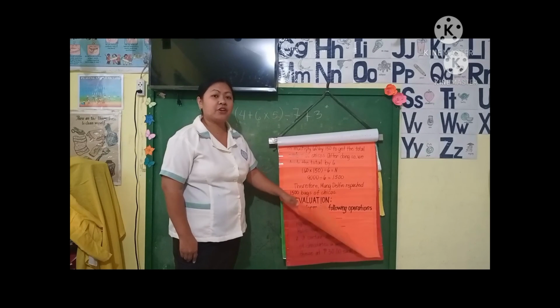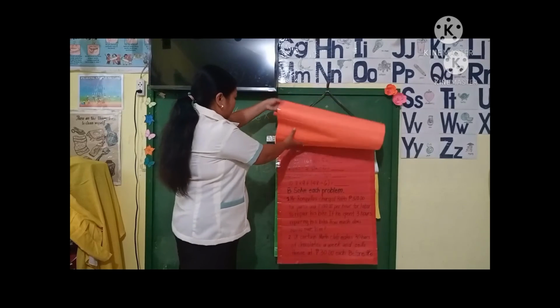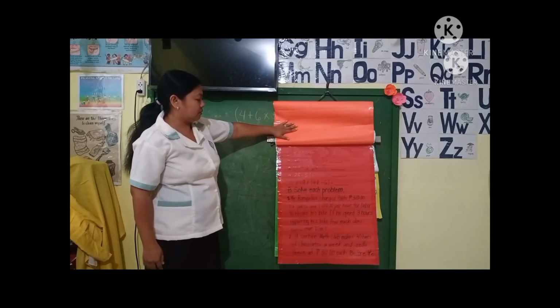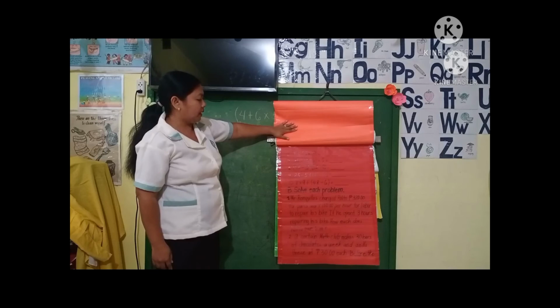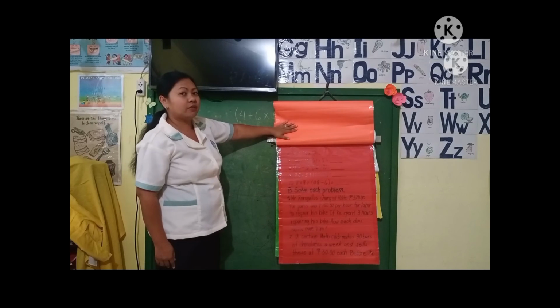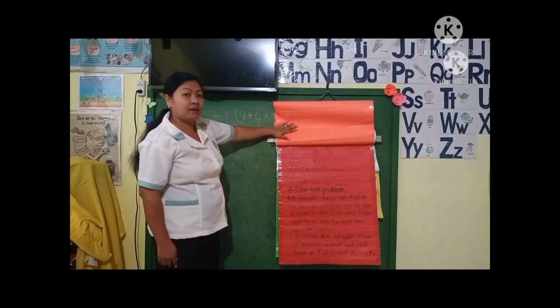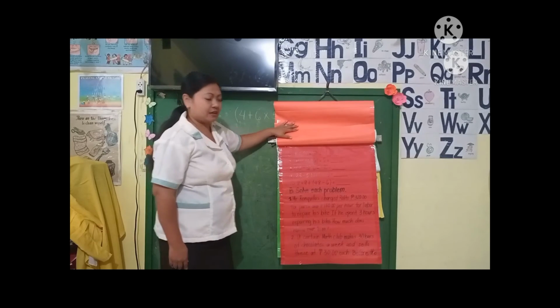Number 5, 49 divided by 7 times 4 plus 3 is 31. Number 6, 81 divided by 9 times 3 equals 3. Number 7, 36 divided by 6 plus 6 times 5 is 5.